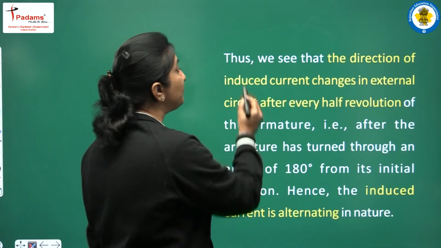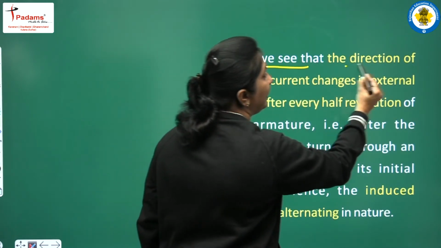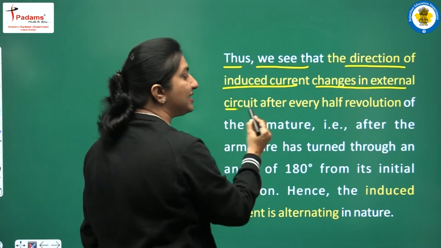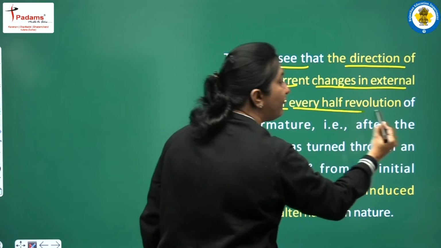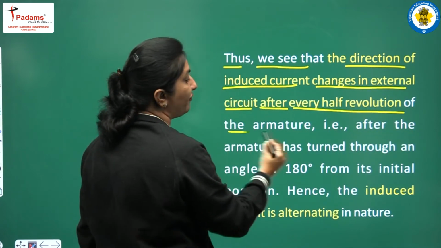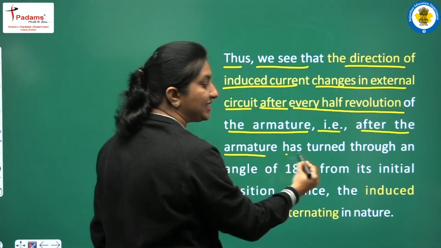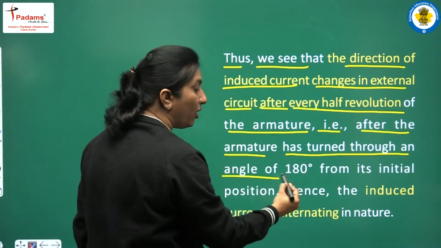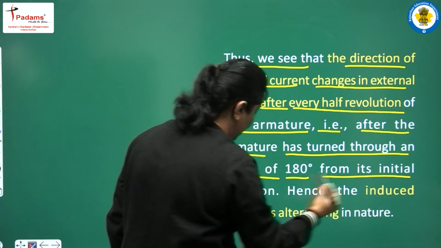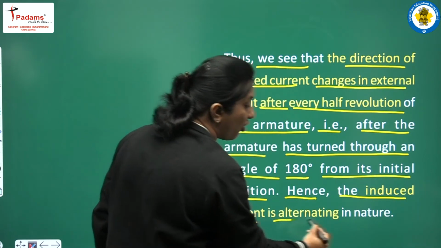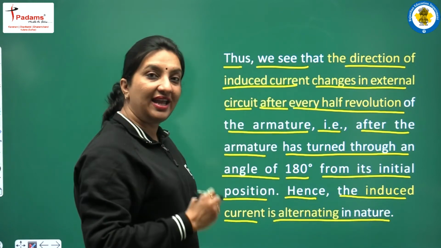So students, thus we see that the direction of induced current changes in the external circuit after every half revolution of the armature. That is, after the armature has turned through an angle of 180 degree from its initial position, hence the induced current is alternating in nature.